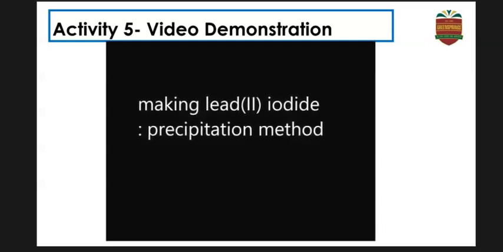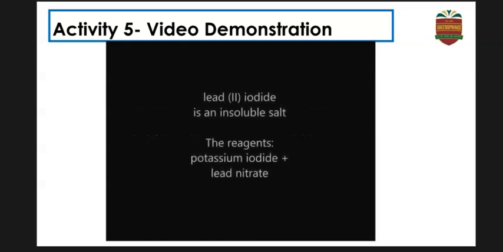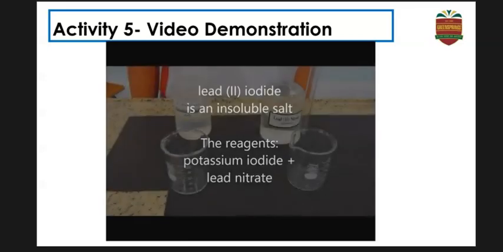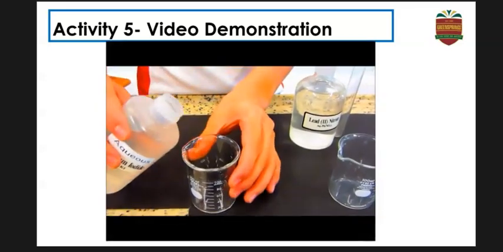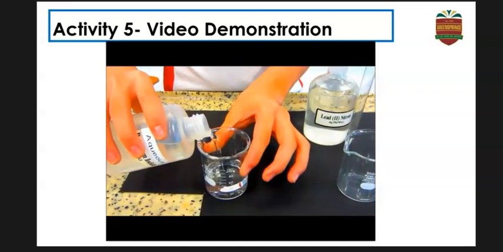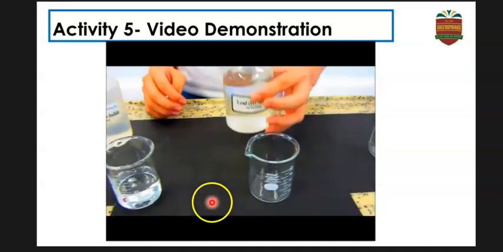So we want to make lead iodide by precipitation method. So we are going to be needing two reagents: potassium iodide, that's the first reagent, poured into a beaker.